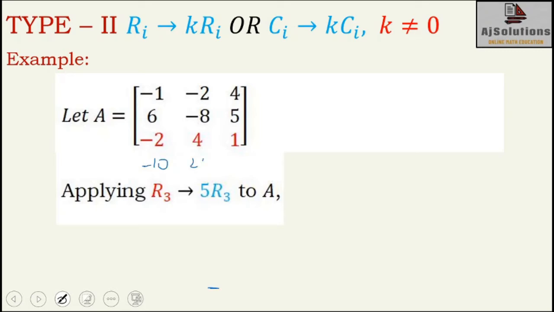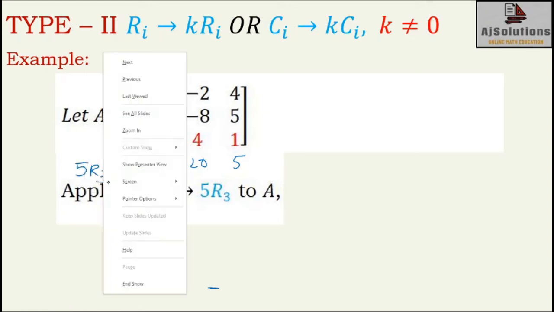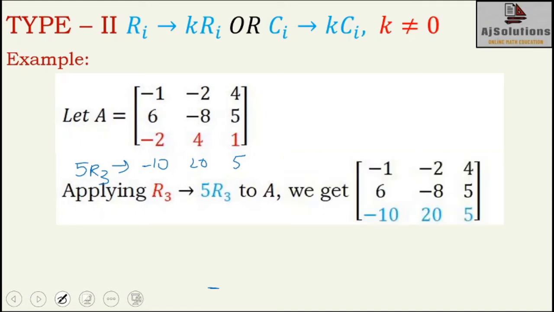This 4 will become 20, and 1 will become 5, and this is your 5 times R3. So you can see the new matrix obtained has third row as 5 times of third row of old matrix, and other 2 rows are as it is.